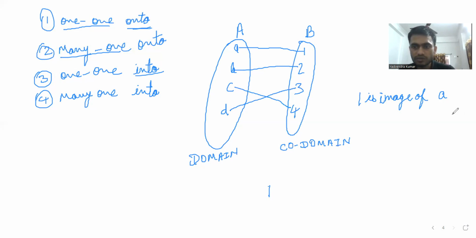So 1 is the image of A, and A is the pre-image of 1.